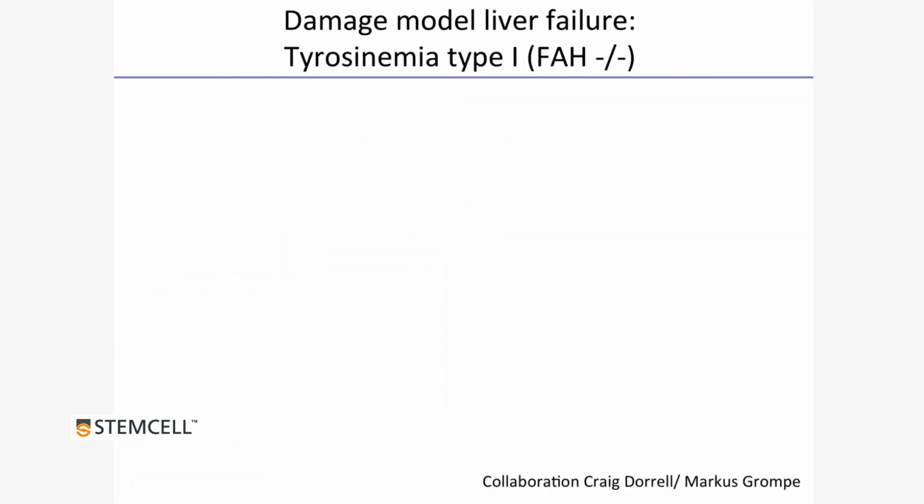And for that in vivo experiment, we collaborated with Craig Dorrell and Markus Grompe at the OHSU, Oregon, in Portland, Oregon. We collaborated with them because they had this very beautiful mouse model, the FAH knockout mouse model, which is a model of tyrosinemia type 1.